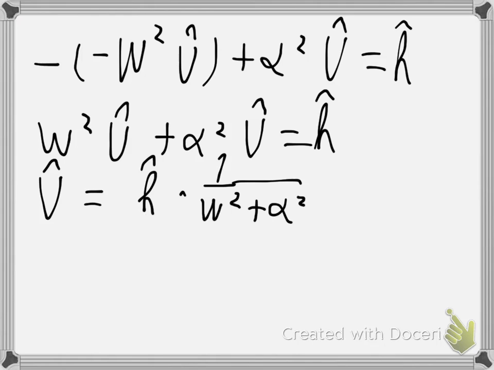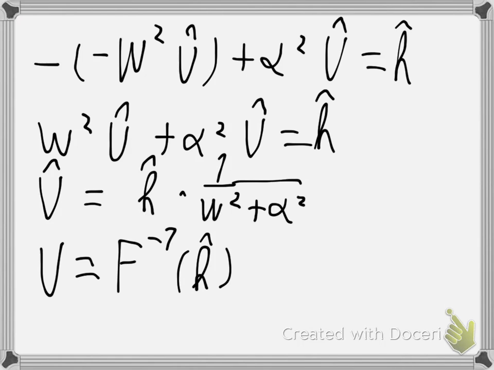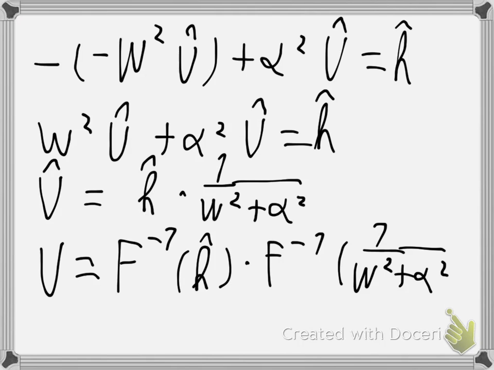Okay. Now we can take the inverse Fourier transform of both sides. So we'll get that u is equal to the inverse Fourier transform of h hat times the inverse Fourier transform of 1 over omega squared plus alpha squared. Okay?